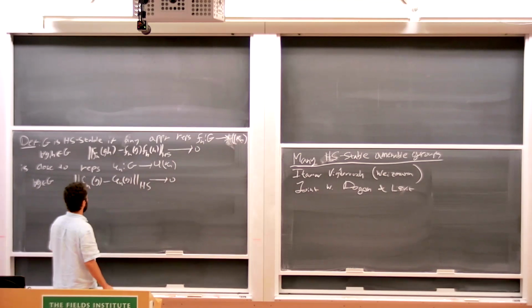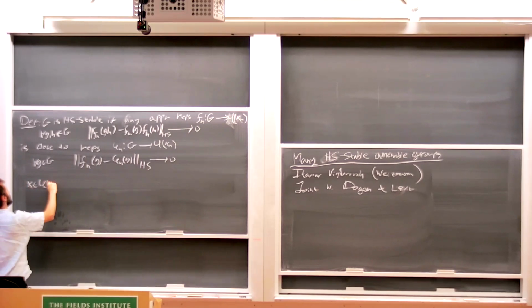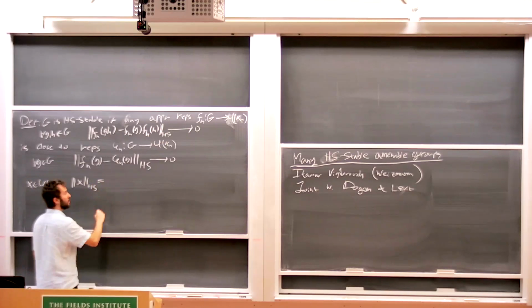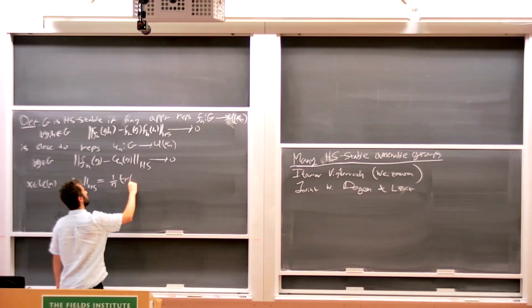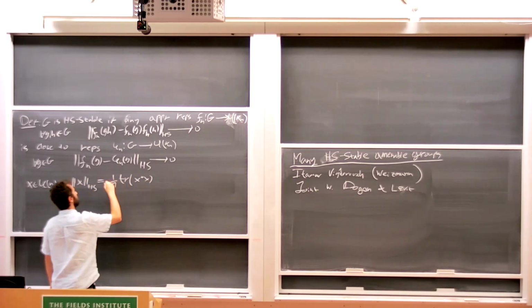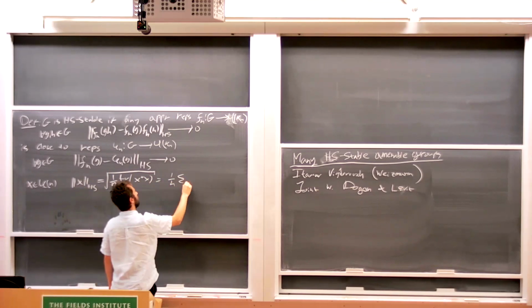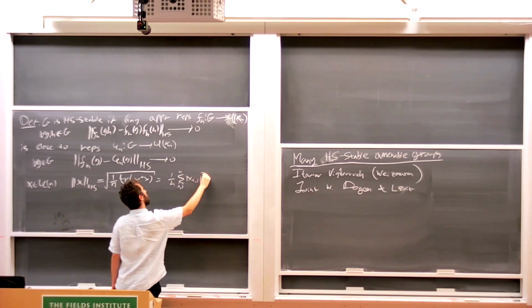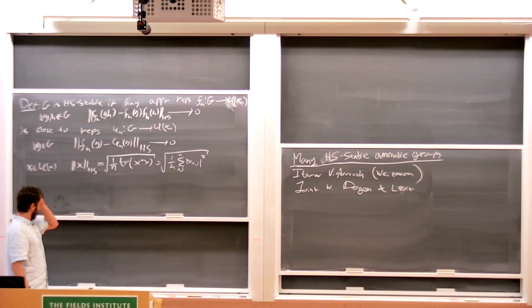Maybe I'll just remind that if X is a unitary, then by definition we normalize the trace norm. By the way, this is also the same as the Euclidean norm. So this is the norm.